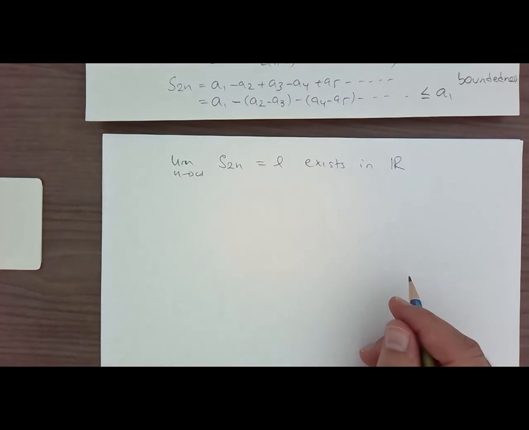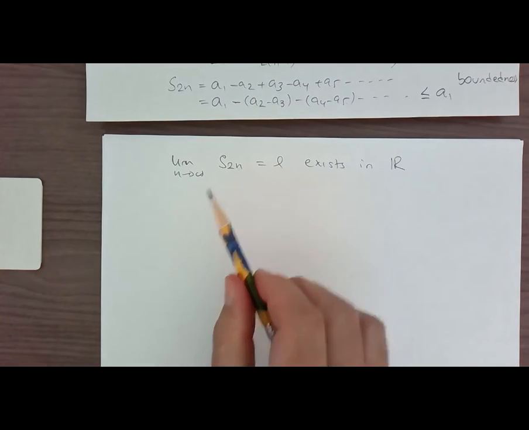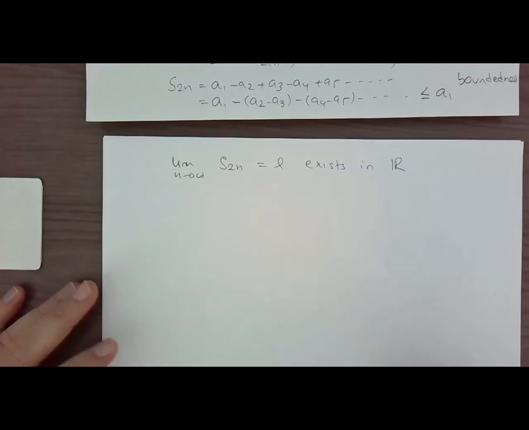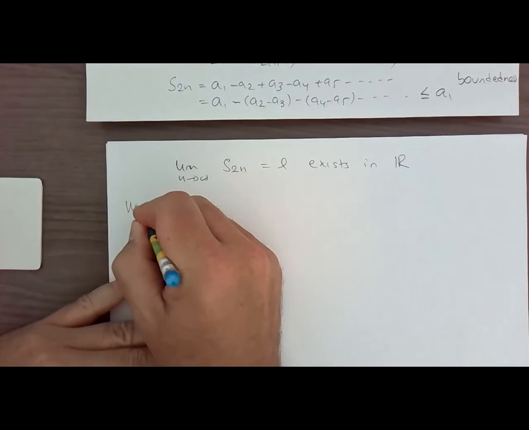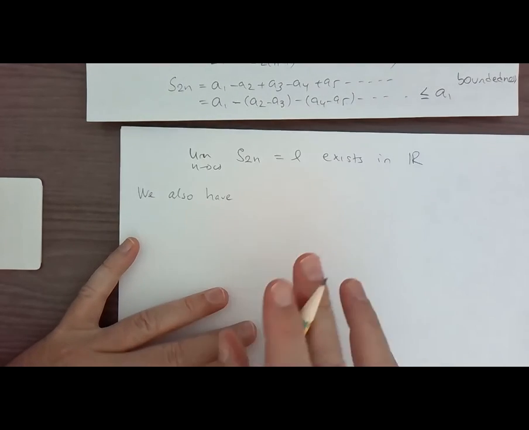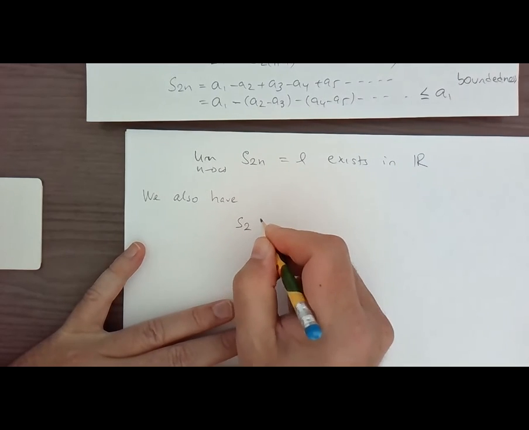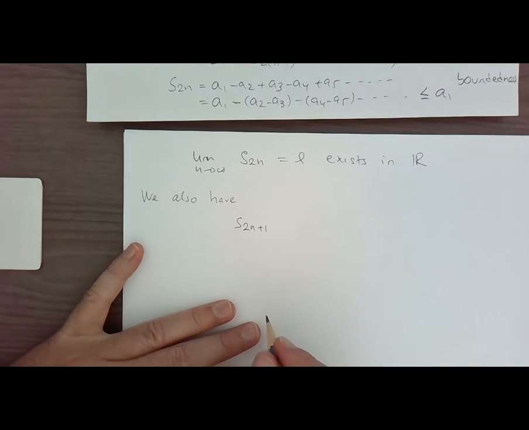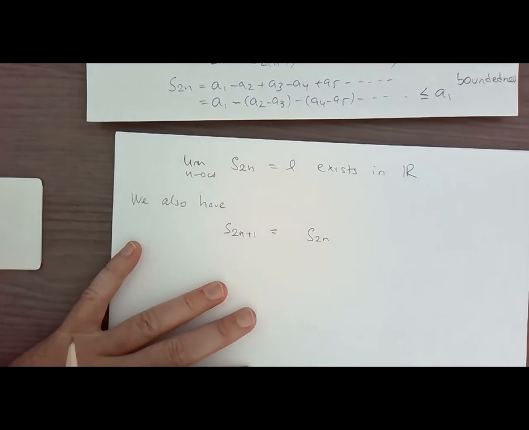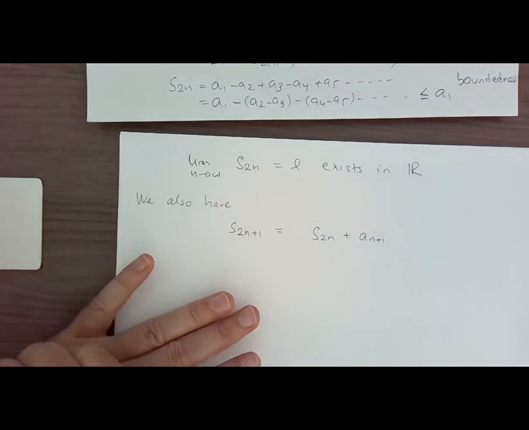Okay, but this is not quite what I had in mind. I would like to prove that not a subsequence converges, but I almost have it here, because we also have, and this is where I'm using that it's alternating. It has a very nice structure. We also have that if I looked at S2n plus 1, well then I would write this as S2n plus that extra element, a2n plus 1.